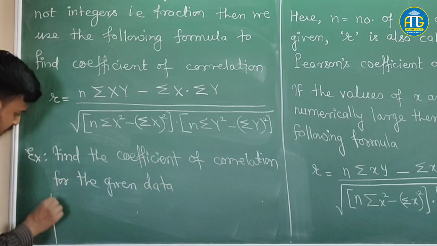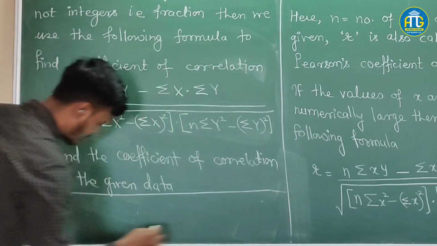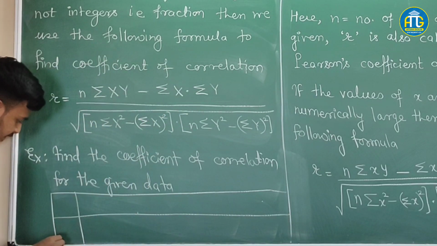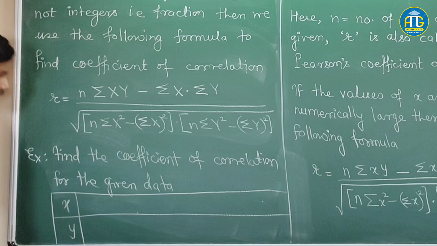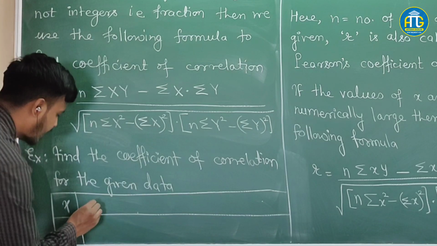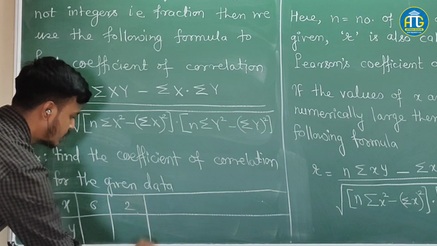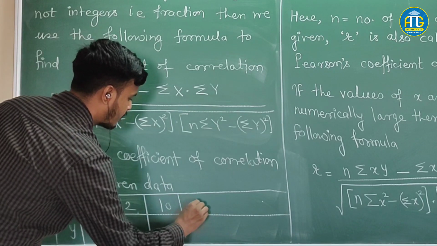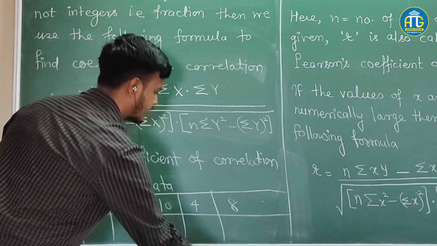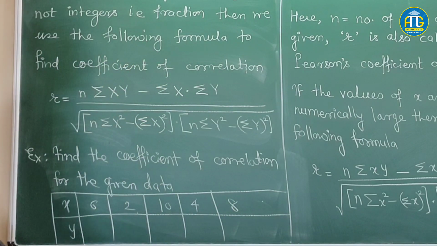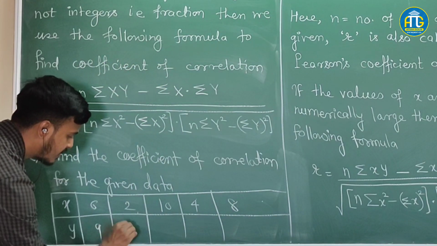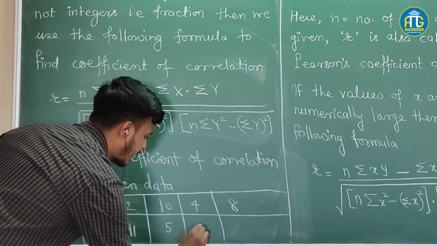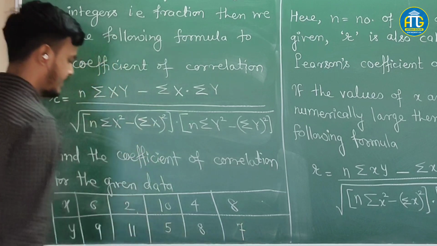I have already written this data somewhere. So we have some values of x and y given. The values of x are 6, 2, 10, 4, 8, and the corresponding values of y are 9, 11, 5, 8, 7.